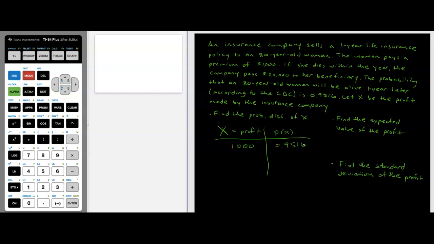So there's one other profit here for the insurance company, and that is if the woman dies. Now if the woman dies, you should note that she's already paid her $1,000 premium. So if her beneficiary is receiving $20,000 from the insurance company, they're not losing $20,000.